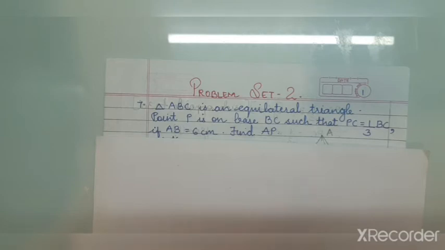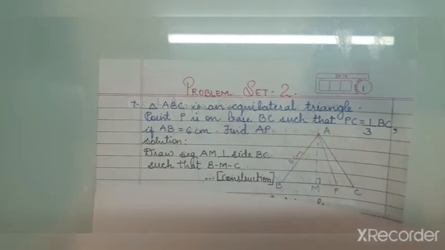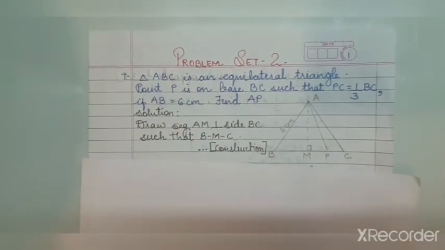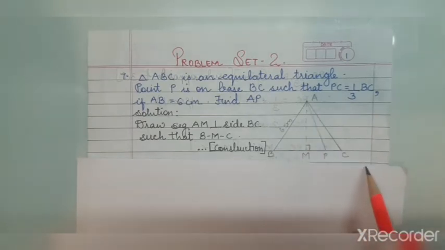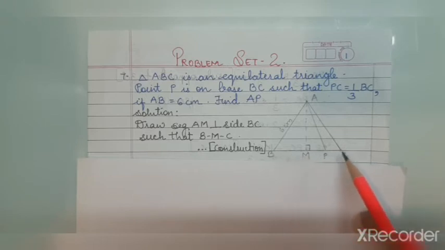Now in this case, the figure is not given, so we have to draw the figure. Here is the figure. First we have to draw triangle ABC, which is an equilateral triangle. Then we take point P on the base BC such that PC is 1/3 of BC.